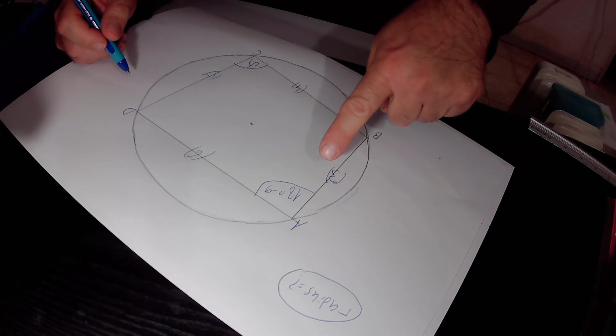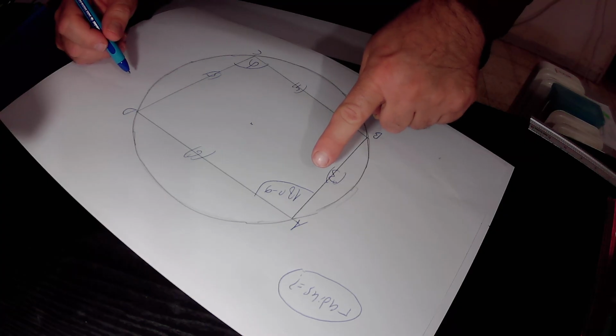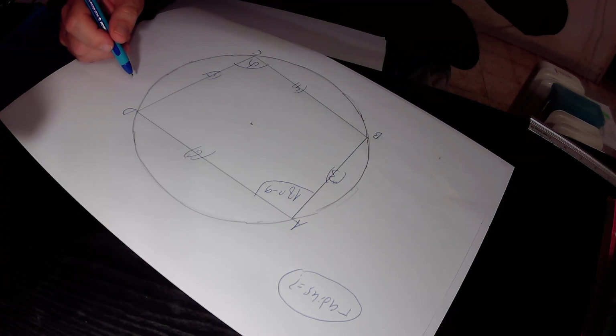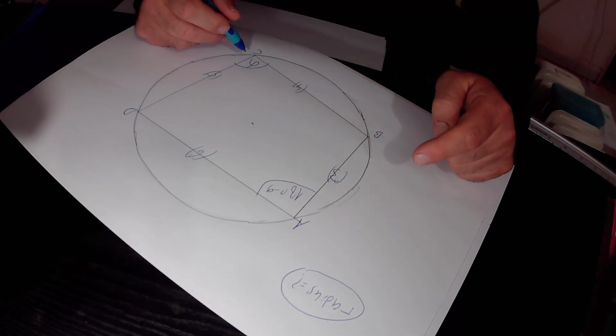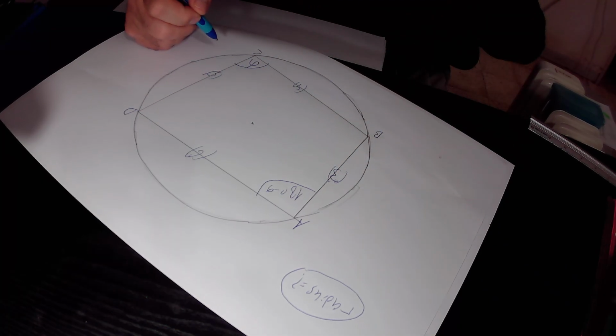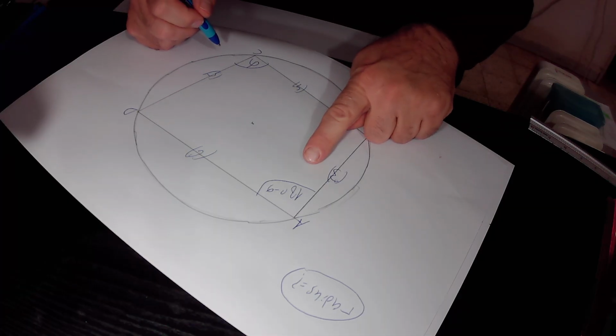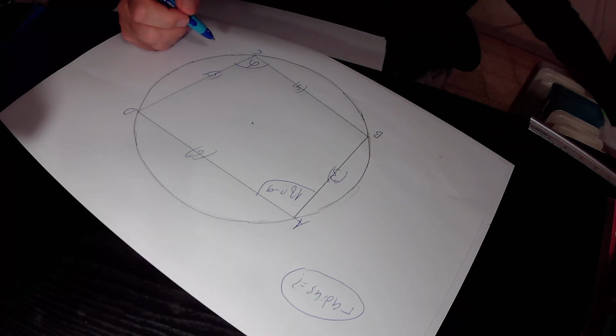So 180 degrees minus alpha plus alpha is equal to 180 degrees. It is the sum of those two angles inside the cyclic quadrilateral ABCD.